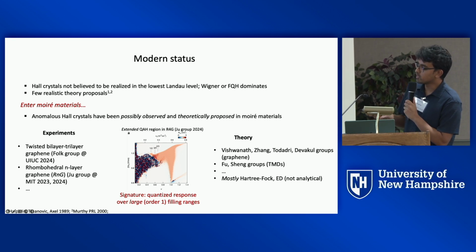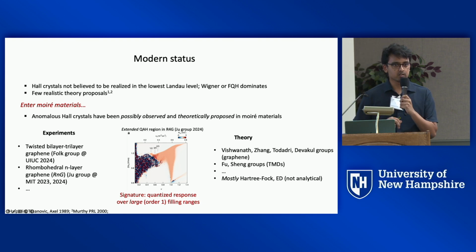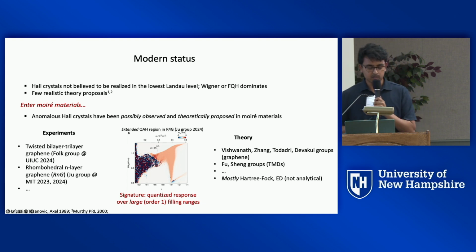And you see a broad region where RXY is approximately constant, and the region extends over order 1 filling, and that's something that you wouldn't expect from disorder broadening of a Hall plateau alone. So it's a possible signature of an anomalous Hall crystal.